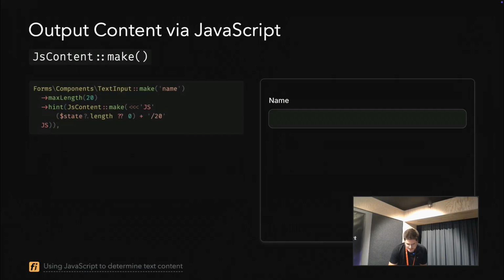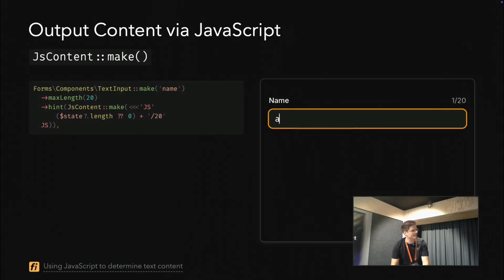Another thing we now have is the JS content object, and that lets you output content based on a JavaScript expression anywhere you could use an HTML string in the past. So, for example, if you want to make a character counter that now also renders in real time, especially for simple features like that, you don't want to have the server roundtrip.